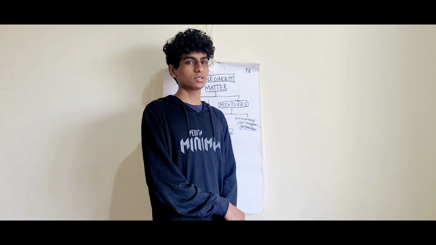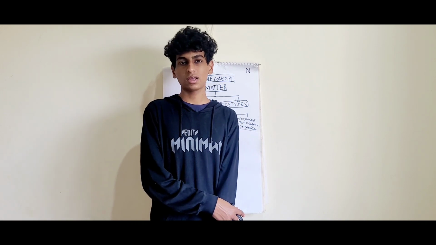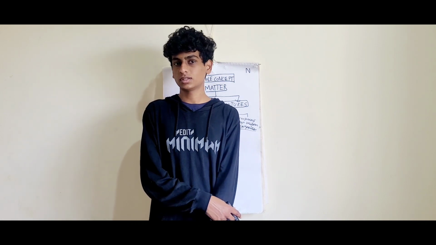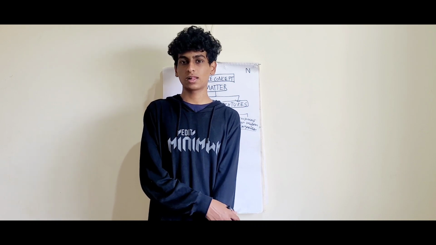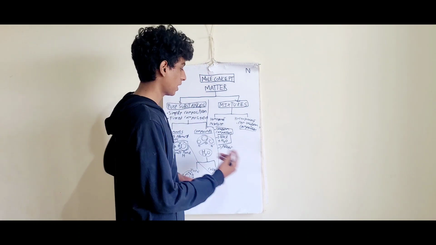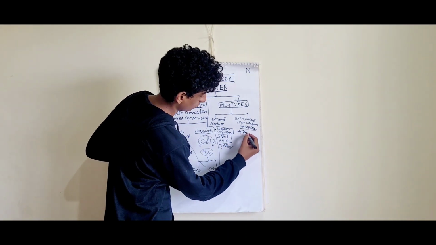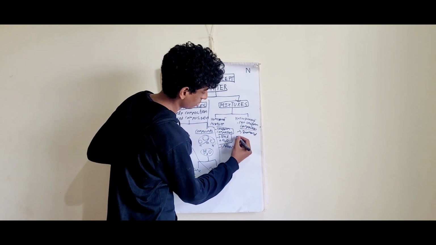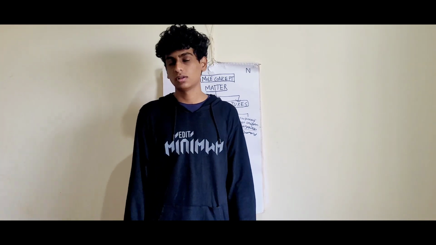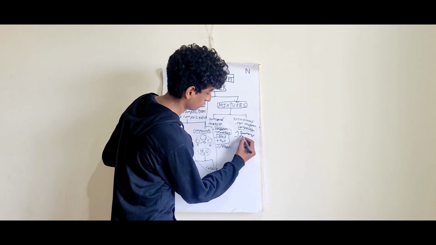Examples of heterogeneous can be diamond, graphite, and even sand and water. If you mix sand and water, that's also an example of heterogeneous. So I'm going to write down the examples right here. The first one is diamond. The second one is graphite.